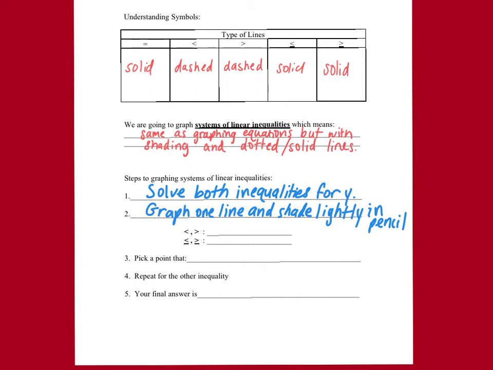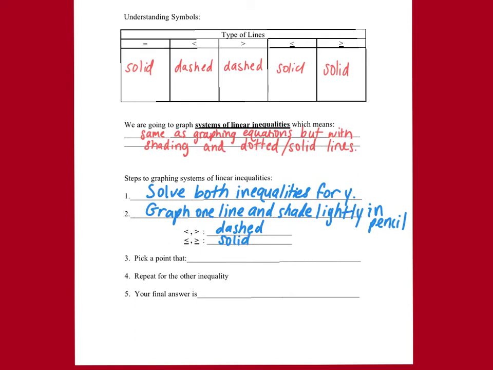Okay, if it is less than or greater than, what kind of line is it? Dashed. And if it is less than or equal to, greater than or equal to, it's solid.